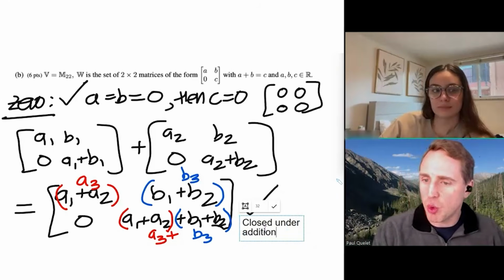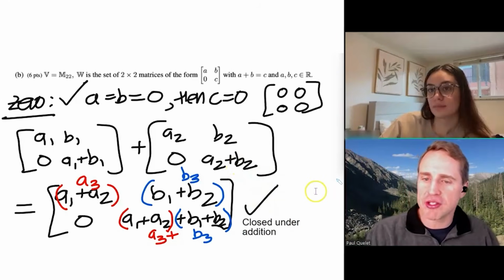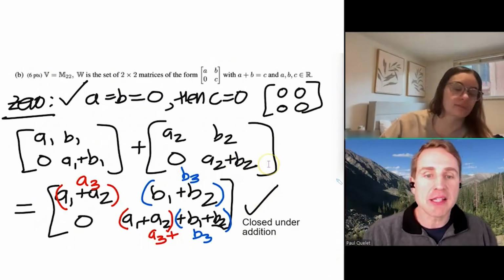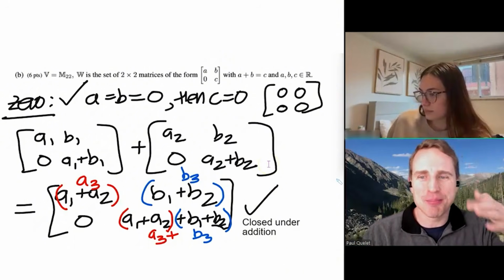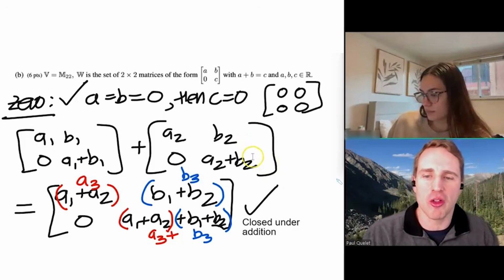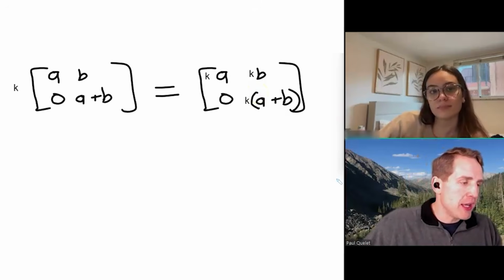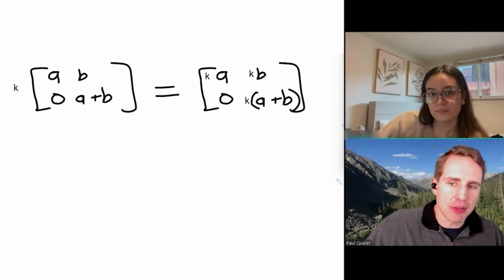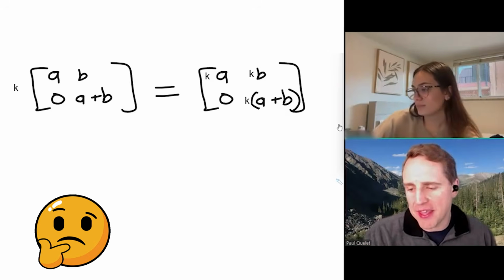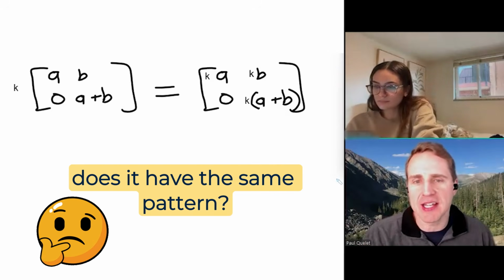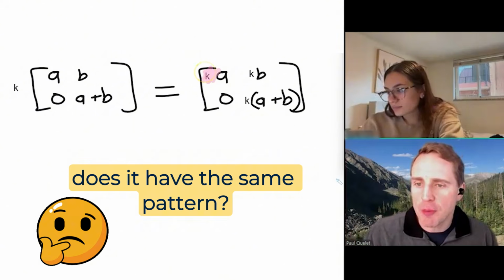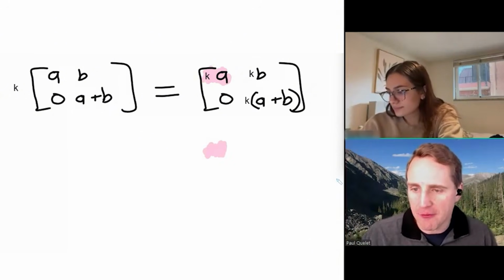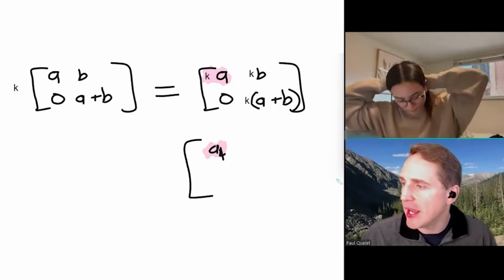Let's see, last one, we've got to do closed under scalar multiplication. Now, a lot of times we call that scalar C, but since we already have A, B, and C, why don't we call it K? But then the question is, can K times the quantity A plus B have the same structure as before? Again, think about rebranding things. Does it have the same pattern? So imagine when I highlight here, A4, then let me go ahead and highlight up here.